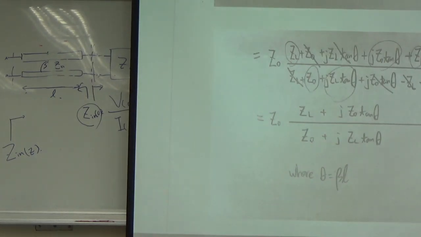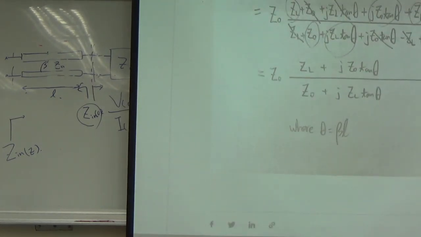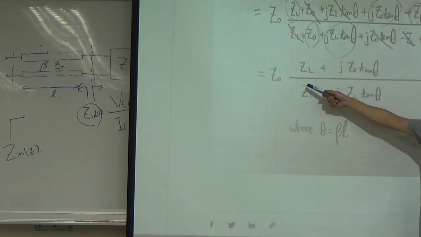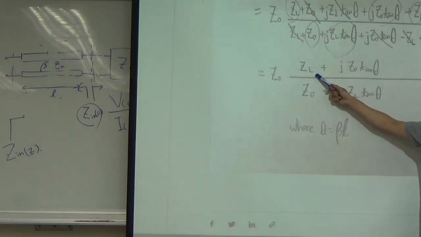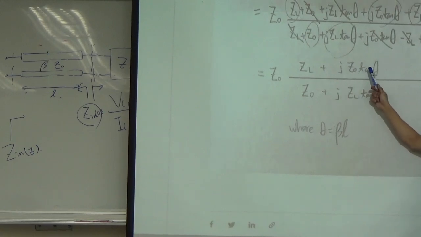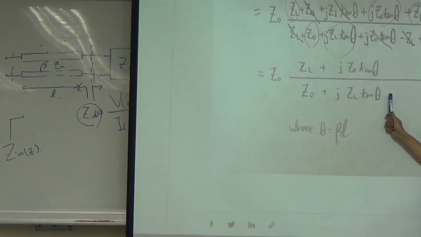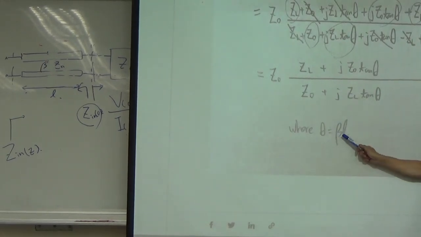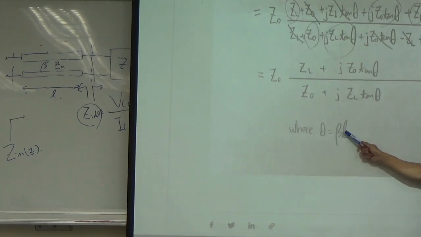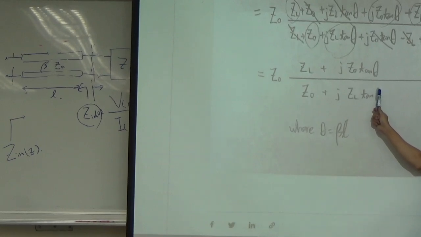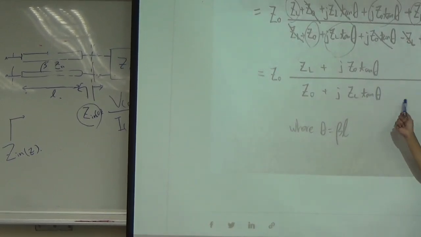The final result is beautiful and much simpler: Zin equals Z0 times ZL plus j Z0 tangent theta over Z0 plus j ZL tangent theta, and theta is beta L. Don't worry about it, you can open book for your exam. I just derived it for fun.